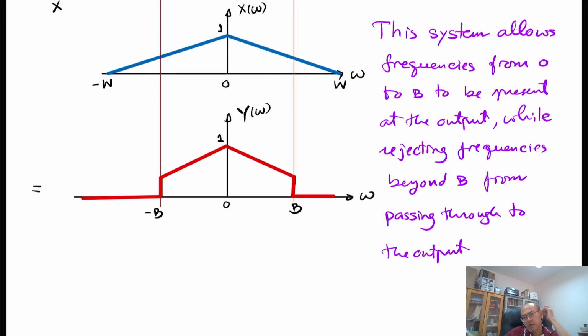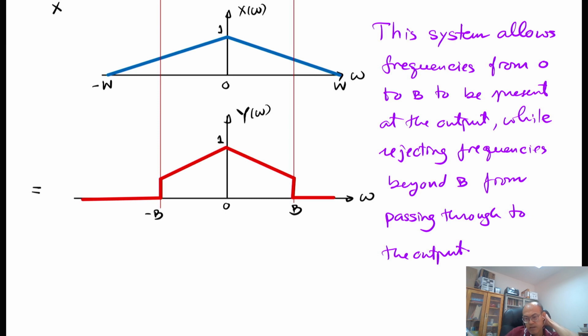We call this a low pass filter. This is an example of a low pass filter. Low pass filters mean that low frequencies are able to pass through. That's why we call it a low pass filter, while higher frequencies will not be able to pass through.